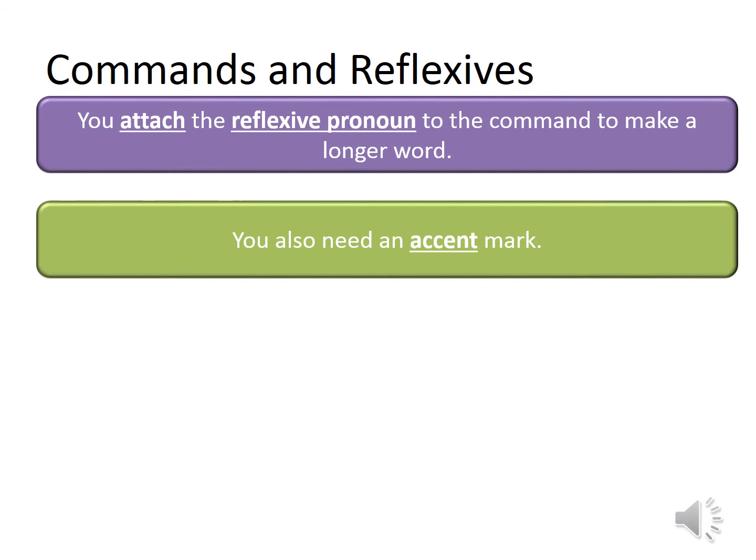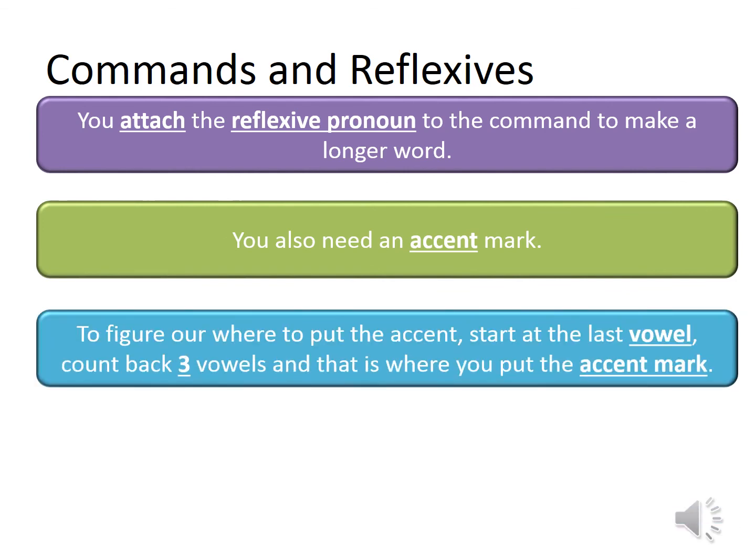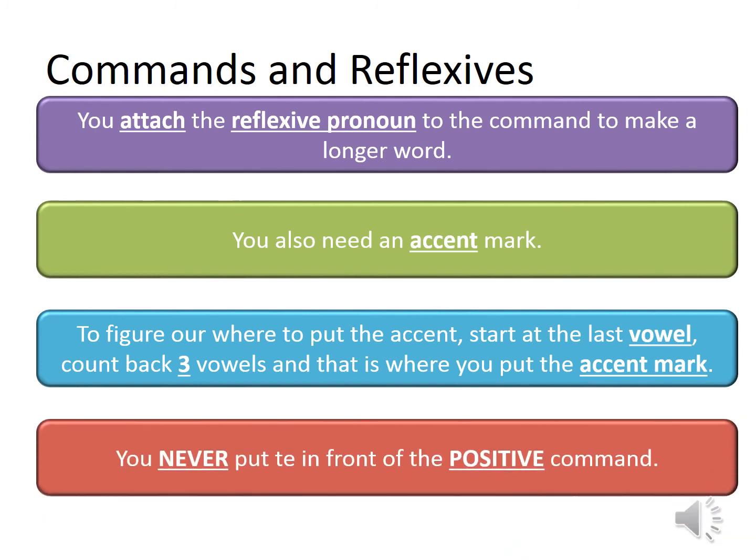We start at the last vowel, count back 3 vowels, and put an accent mark on that 3rd vowel. We never put te in front of the positive command. And te is your only option because these are tú commands, so te matches tú. You don't even need to decide which reflexive pronoun to use. You're always going to use te. That helps simplify it a little bit.